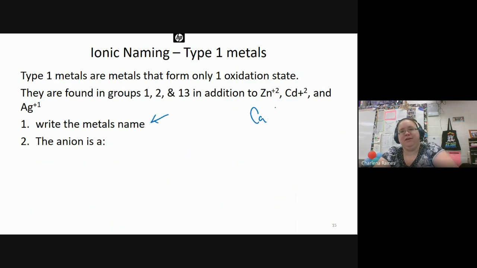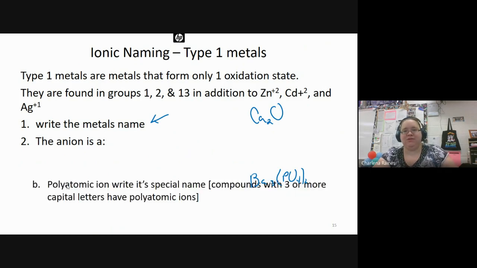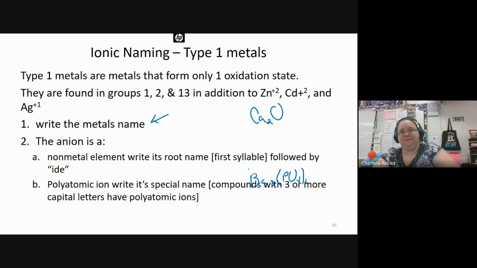So I'm going to pick on my calcium and my oxygen that I had a minute ago, and my barium and my PO4 I had a minute ago. So the anion, my negative ion, if it is a polyatomic, I write whatever its special name is. 3 or more capital letters tells me it is a polyatomic.